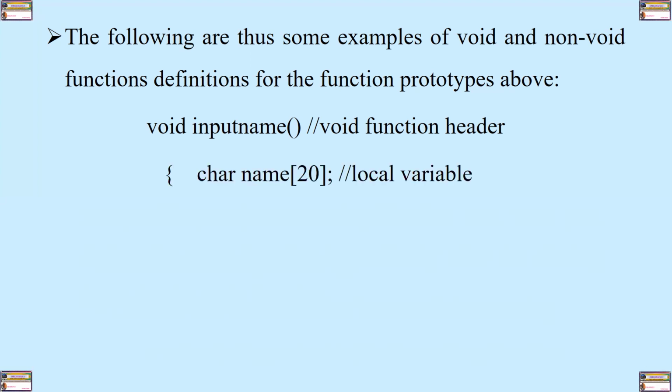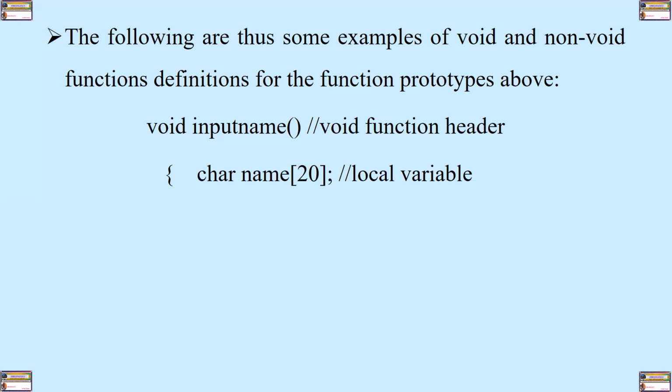My dear students and the rest of the learners, kindly note the difference between function prototyping and function definition. In the function definition, we don't have a semicolon after the pair of parentheses, like in this case, void inputName, then parentheses. We don't have a semicolon. We only have an exact duplicate of this heading, this statement, in the prototype, but with a semicolon. Then we have the opening brace.